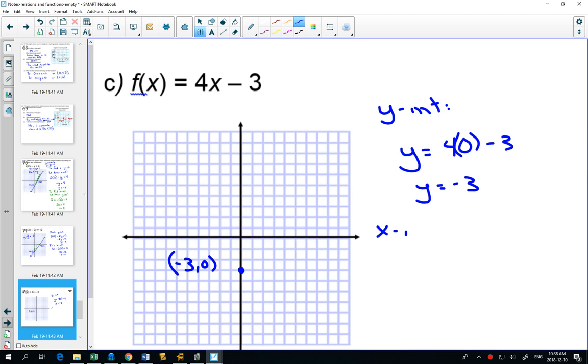And to find your x-intercept, plug in 0 for y. In this case, we'd plug in 0 for f of x. How do I get x by itself? Add 3 to both sides. Divide both sides by 4. And you get x equals 3 over 4.